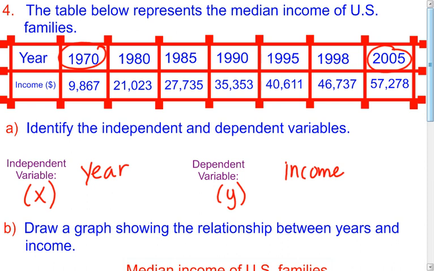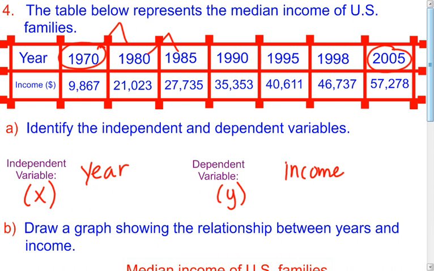You can't do that. Your x and your y-axes need to be scaled evenly. There's a 10-year jump here, and only a 5-year jump here. So you can't just label your x-axis as 1970, 1980, 1985, 1990. That doesn't work. You have to scale them appropriately.